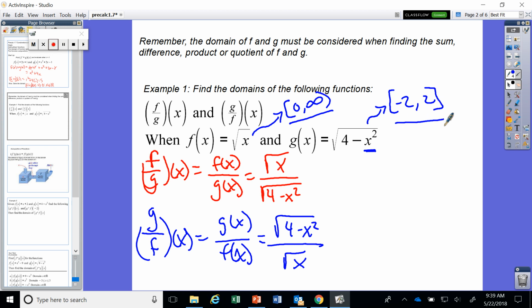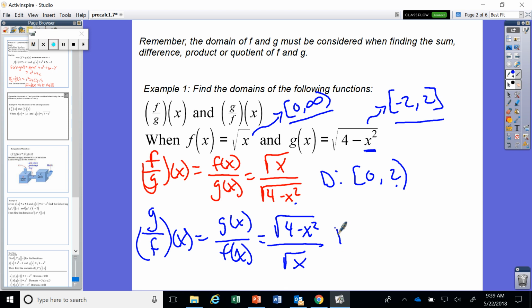Hopefully you understand that it's going to be from 0 to 2. And hopefully you see why we made that an open bracket for the domain here. Because if I were to substitute 2 into my denominator, I'd get 0, and that causes a problem.